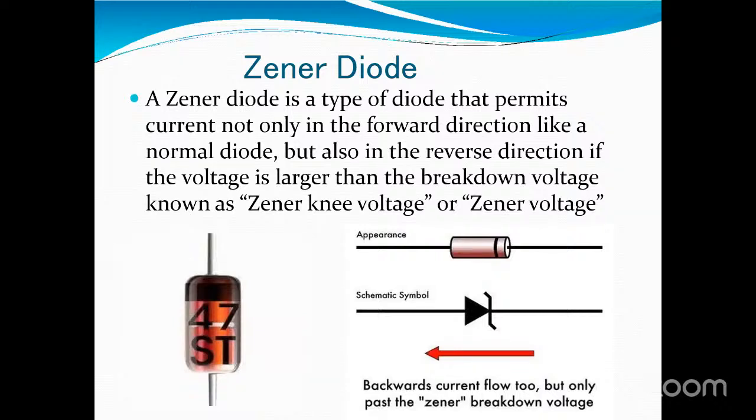A Zener diode is a type of diode that permits current not only in the forward direction like a normal junction diode, but also in reverse bias, when the voltage is larger than the breakdown voltage, known as the Zener knee voltage or Zener voltage.